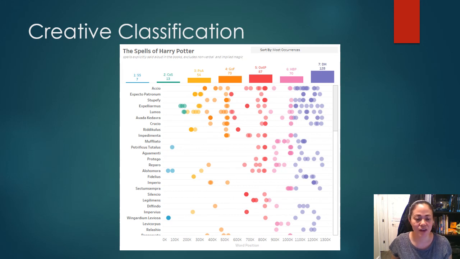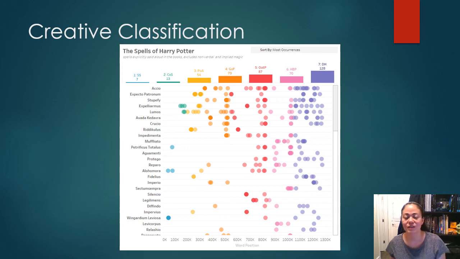Across the top, the different colors are the different books, starting with the first book, The Sorcerer's Stone, which is kind of a blue color. The blue dots are the spells that were said out loud in that first book. And it kind of makes sense if you think about it. There are not very many blue dots, so not very many spells spoken out loud in the first book.